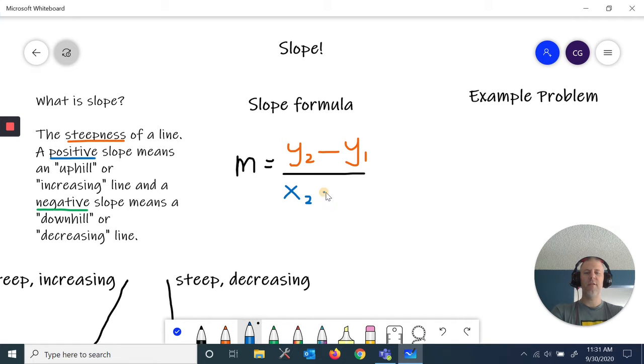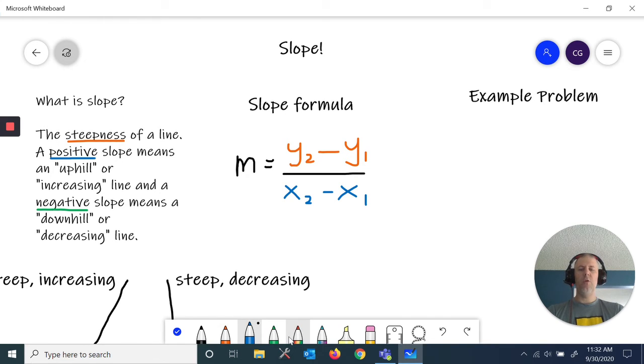So x sub 2 minus x sub 1. So there's your slope formula, and that should look familiar from Algebra 1, probably maybe saw it in 8th grade as well. Okay, so that's an idea of what slope is and what the formula is.